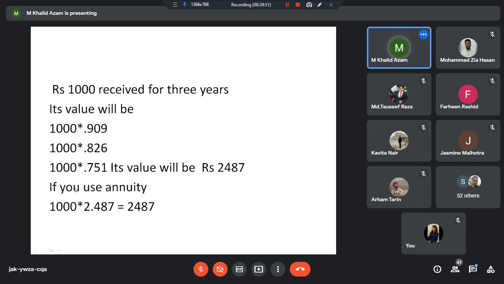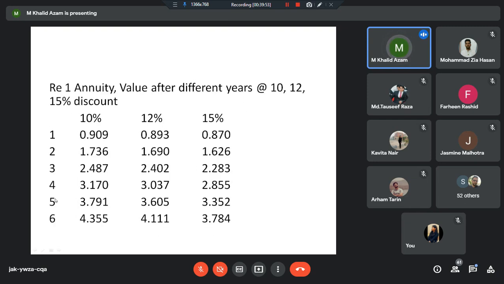In the 5th year, you have received 5 rupees by now: first year here, second rupee here, third rupee here, fourth rupee here, and this is the 5th rupee. So you have received 5 rupees over a 5 year period, but that is not going to give you the same value. It is 3.791.